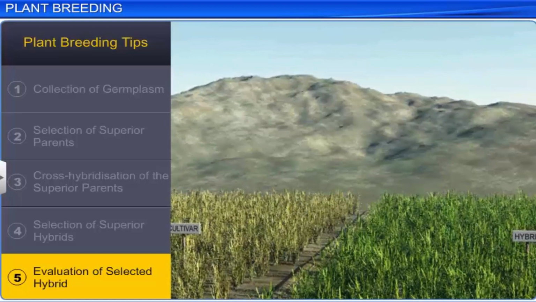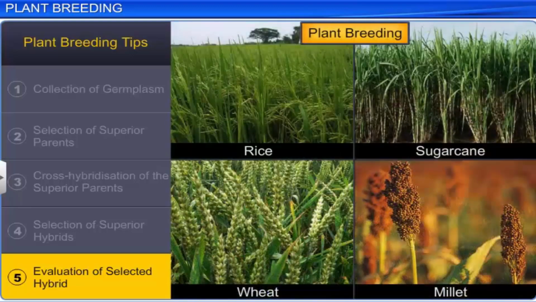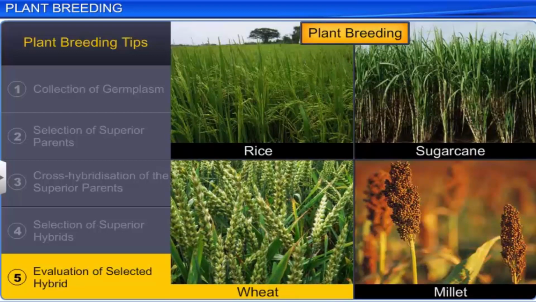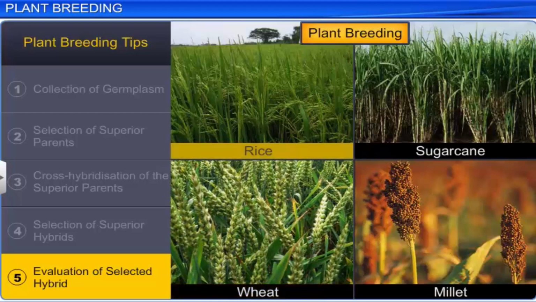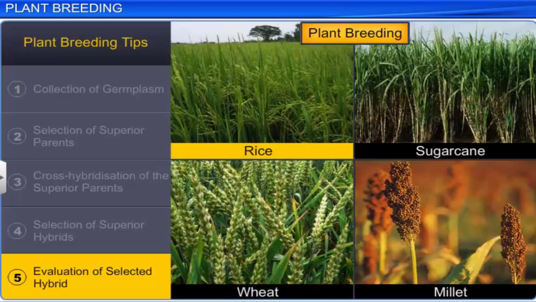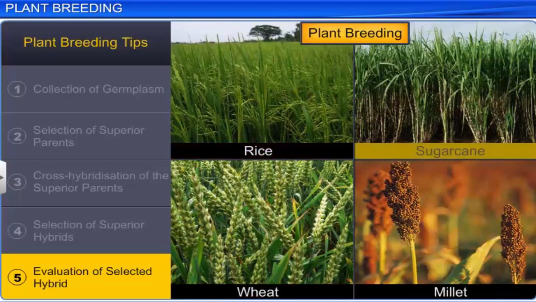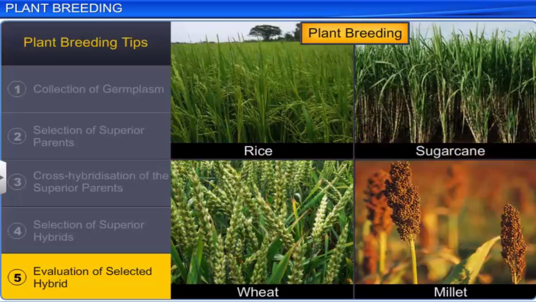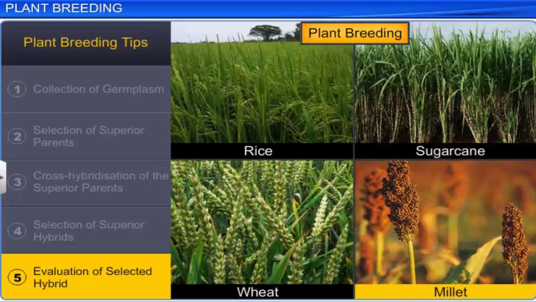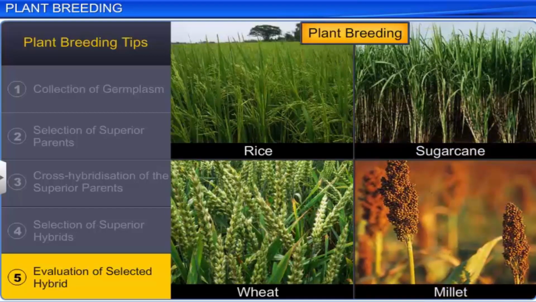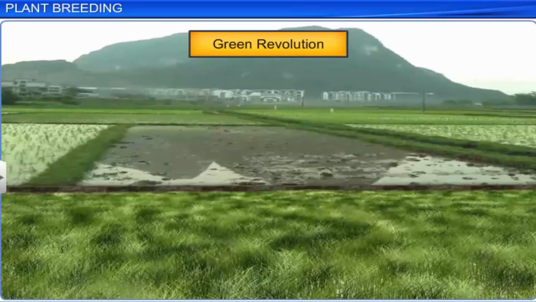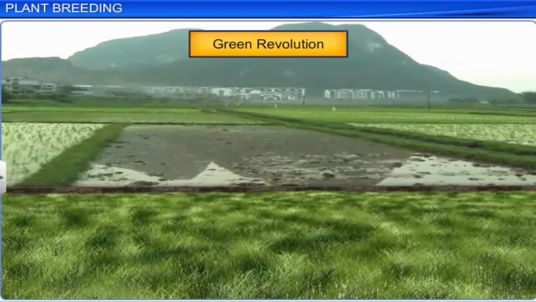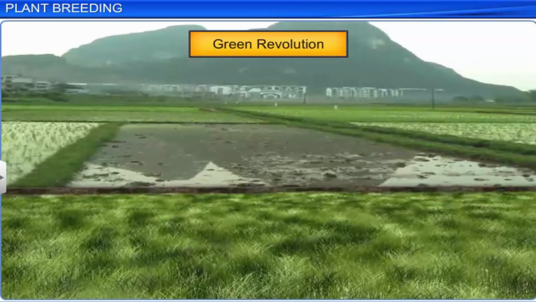In this way, plant breeding has increased the yield of many crops, including wheat, rice, sugarcane, and millet. The Green Revolution is a result of using various plant breeding techniques to boost agriculture.